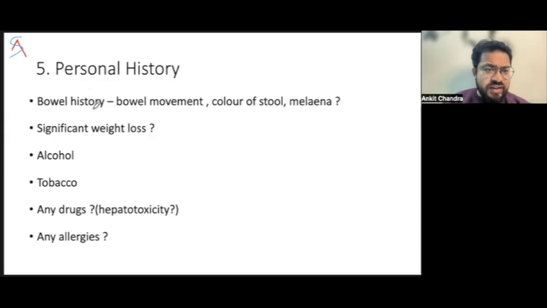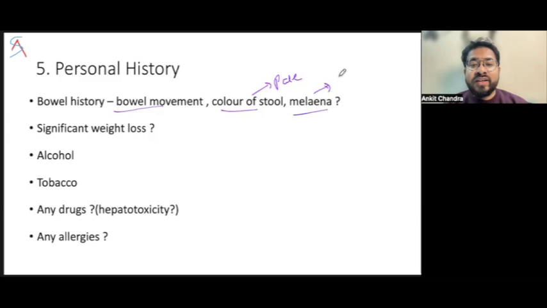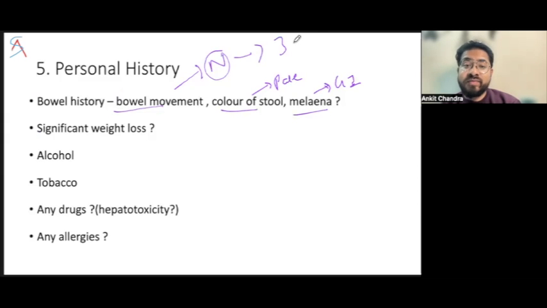Talk about the bowel history, personal history: constipation, diarrhea, how is the bowel movement, color of the stool. It would be pale in case of obstructive jaundice, and melena in case there is a GI bleed. Normal bowel movement is from around 3 times a week to 3 times a day.